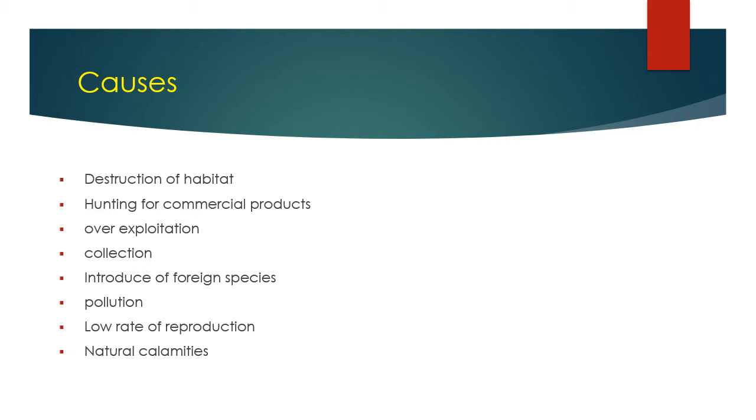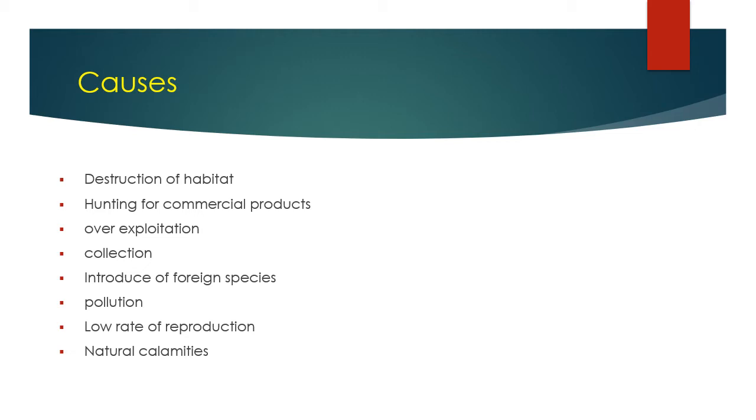Second one is hunting for commercial products. Wild animals are killed for their products, for example elephant tusks, meat, perfumes, decorative articles, and pharmaceutical purposes. The best example is gelatin.